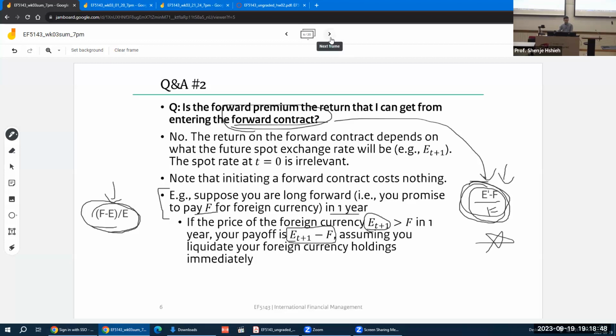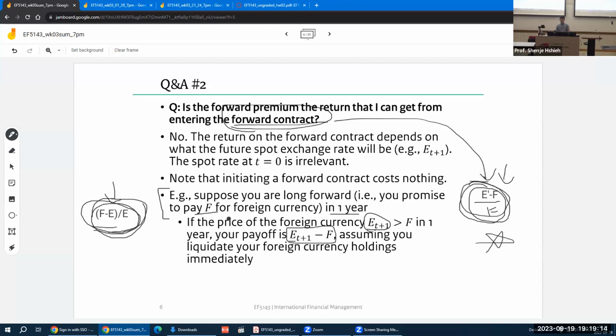Okay, comments, questions on the forward premium, what it represents, and what it means in the context of CIP. So again, the context of CIP is the necessary expected return, your beliefs about the currency, the domestic currency depreciation that's necessary to wipe out interest rate differentials between two countries after currency conversion.